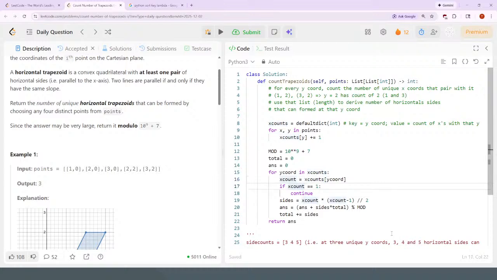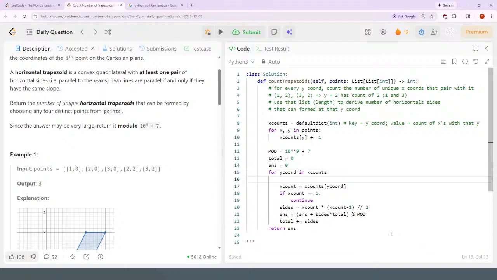So x count equals 1. I don't know if this is even necessary, because if x count is 1, then this is going to get to 0. Alright, let's go ahead and try it. So sides equals, I think I'm pretty sure I need this variable.